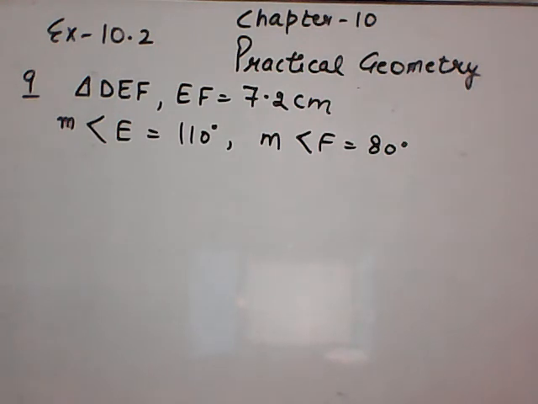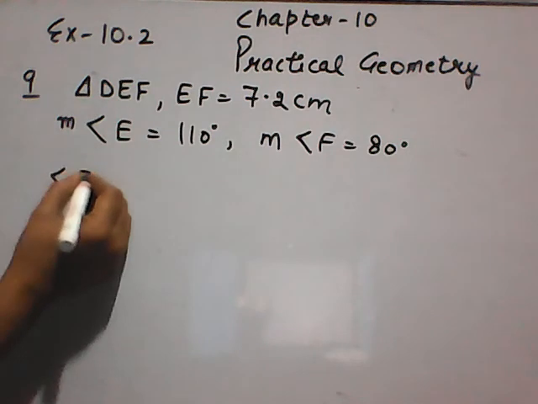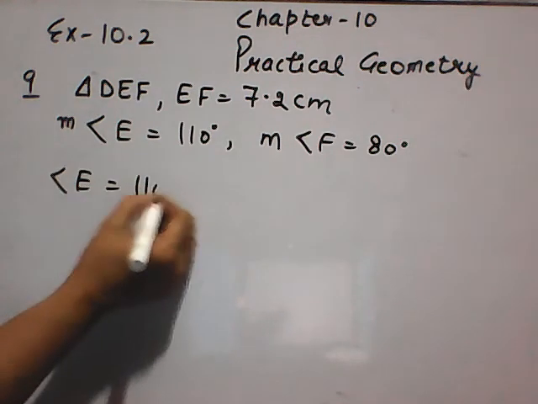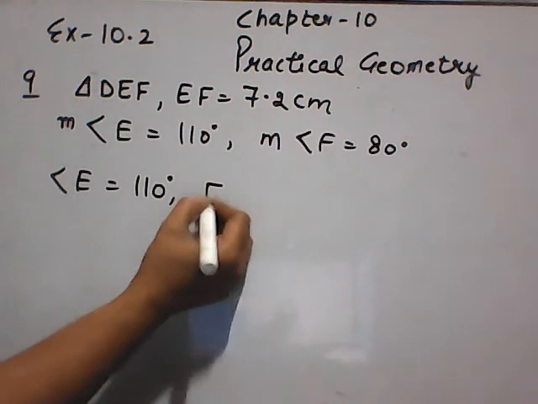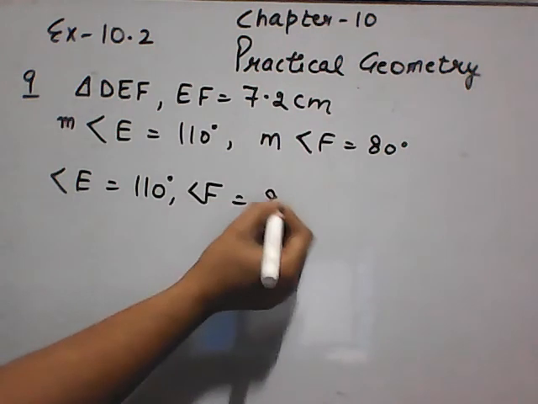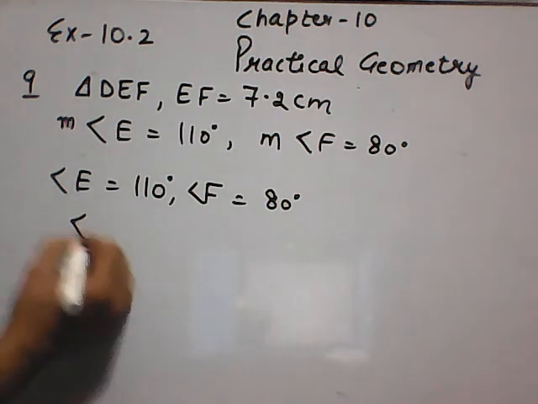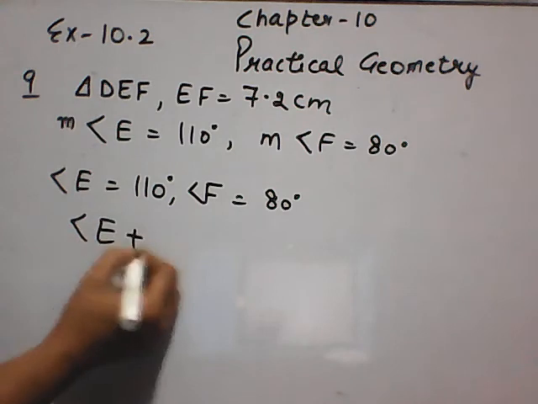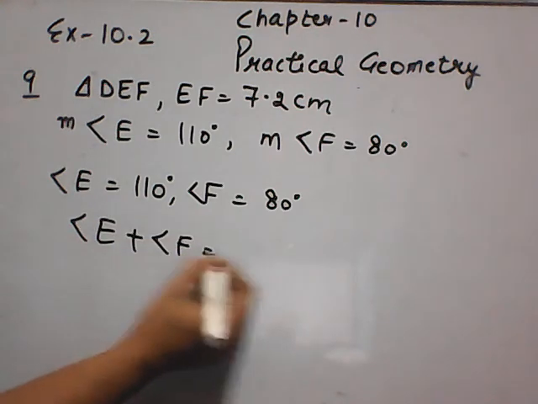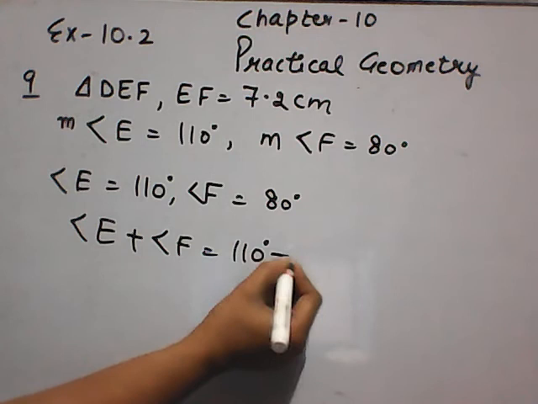Now from the question, we can observe that here angle E is 110 degree, angle F is 80 degree. Now we know that sum of three angles of a triangle is 180 degree. Here in the question, sum of two angles is given to you, 110 degree plus 80 degree.